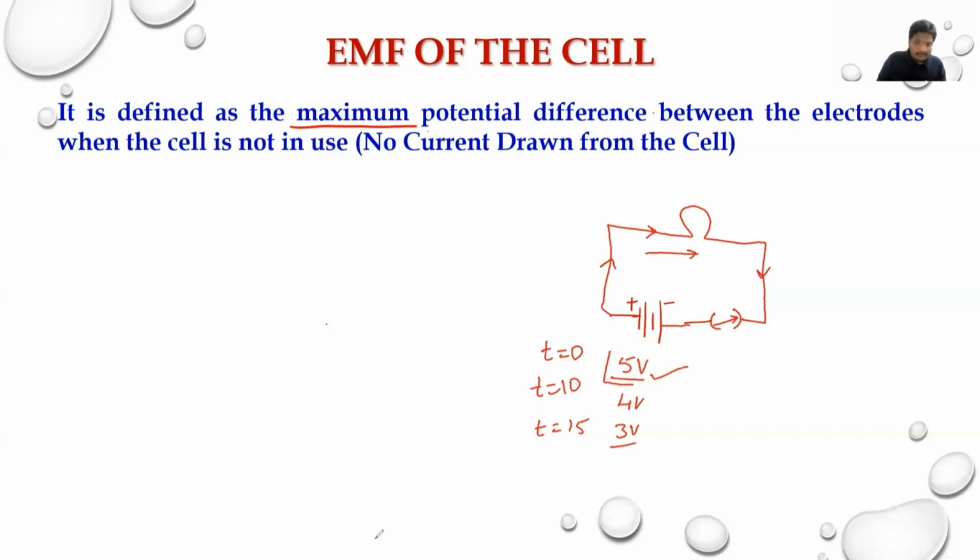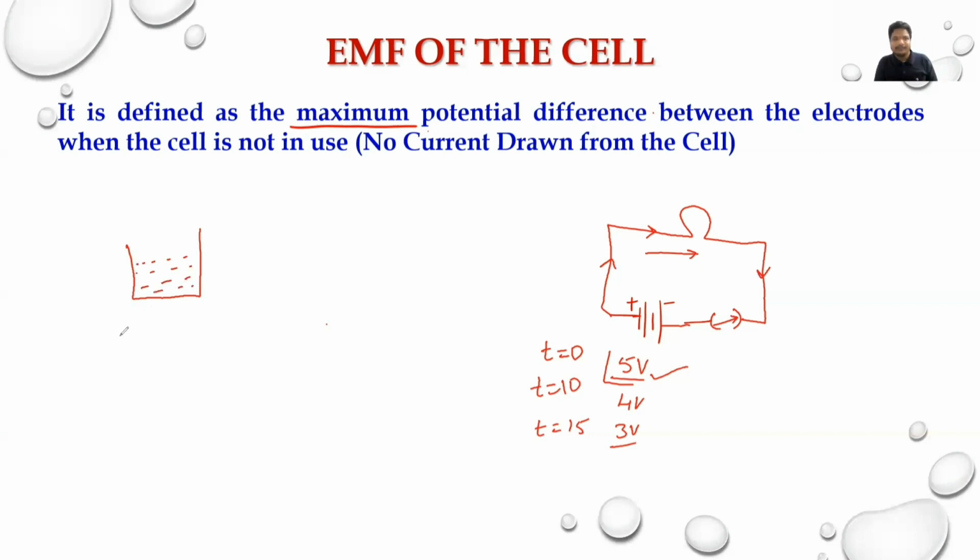Now for better understanding, I am assuming a galvanic cell. Before going to that, I am taking a beaker containing a metal ion solution.